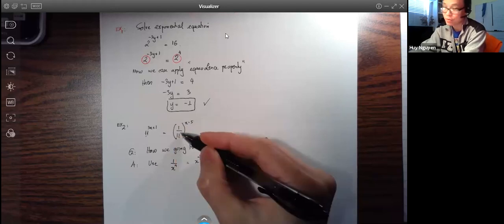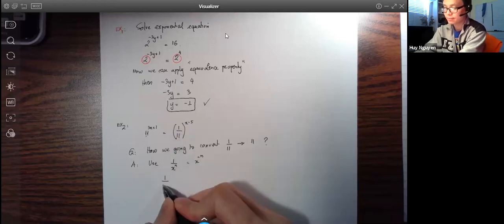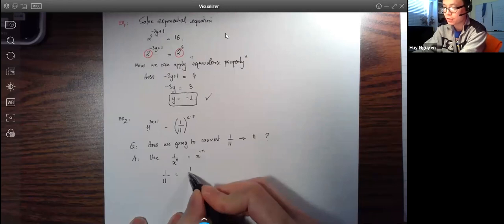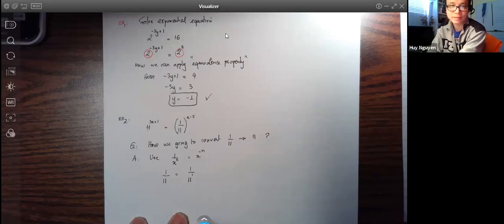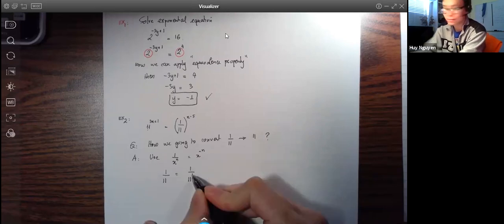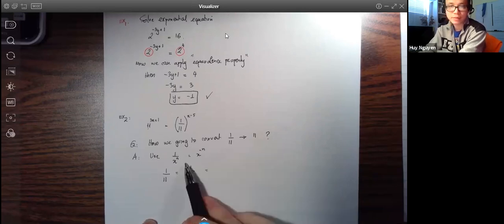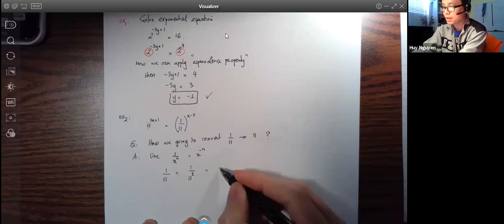It's an invisible 1. So 1/11 is the same as 1/11 raised to the first power, right? Then if I apply this formula, it becomes 11 raised to negative 1.